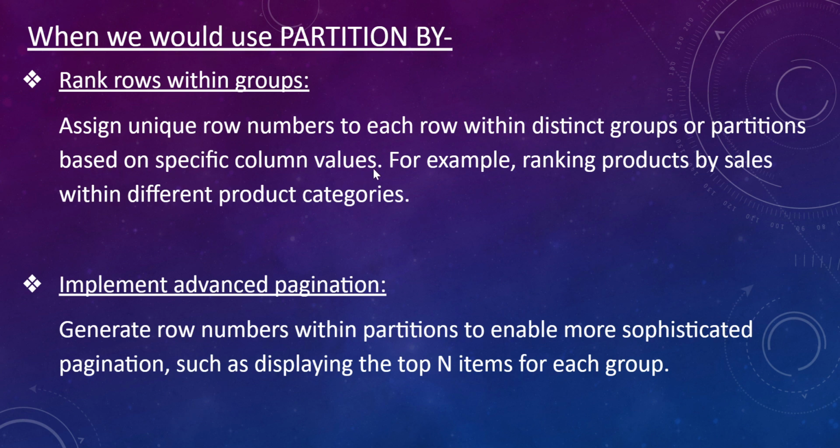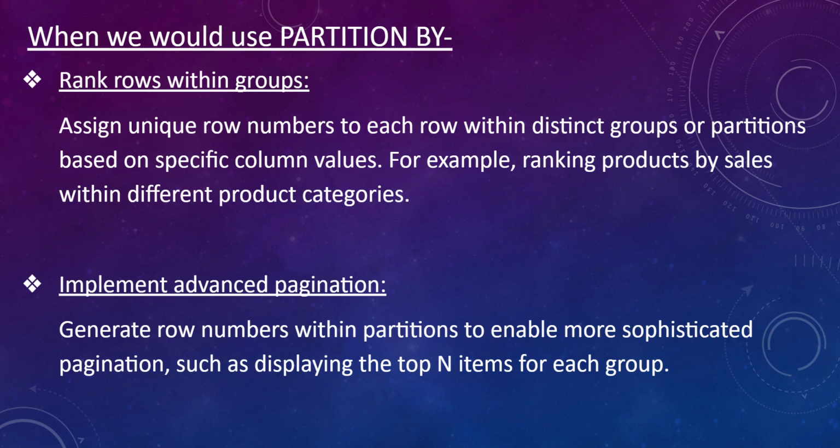So assume that there is an FMCG company, say Hindustan Unilever, and there are different products in different categories. For example, one category can be cosmetics. There can be n number of products in cosmetics. Then there can be a different category, assume like detergent.